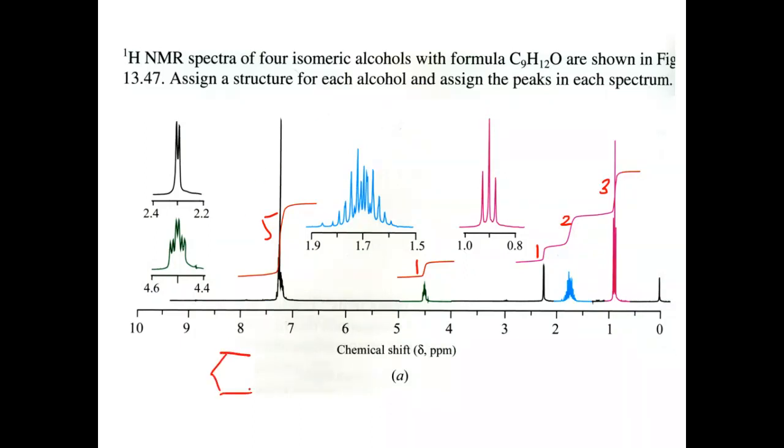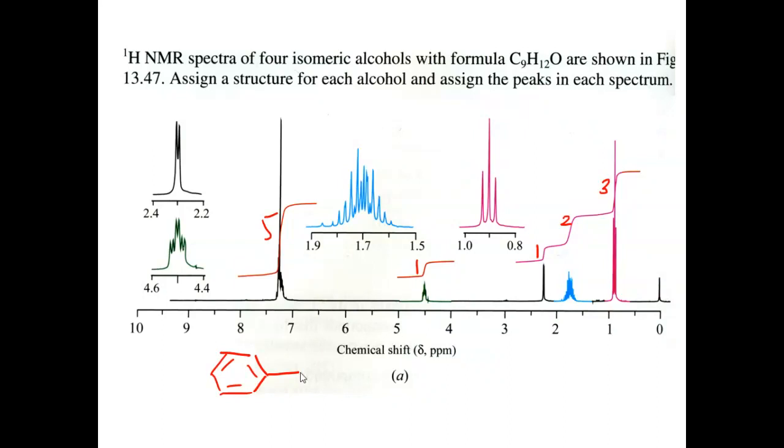So we have a monosubstituted benzene. Parent benzene should have 6, so 5 of them is monosubstituted benzene. This is one structural unit. The second one is the 3 protons. If you have a peak with 3 protons, or a multiple of 3, almost certainly it comes from a methyl group.